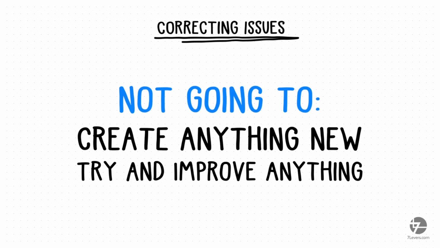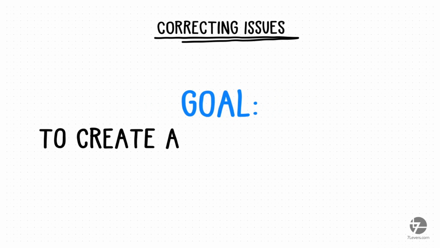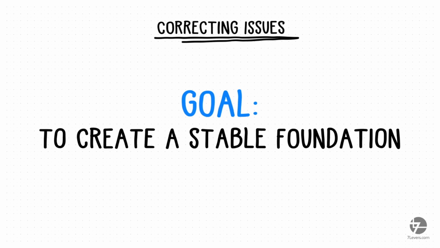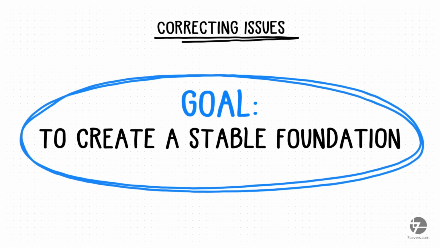It's a new idea for a 10% win, something that we can do to improve things. So we're not going to address either of those things in our profit foundations. Remember, our goal here is just to create a stable, solid foundation. It's not to try and apply any growth tactics, and it's not to try and create anything new within our business.